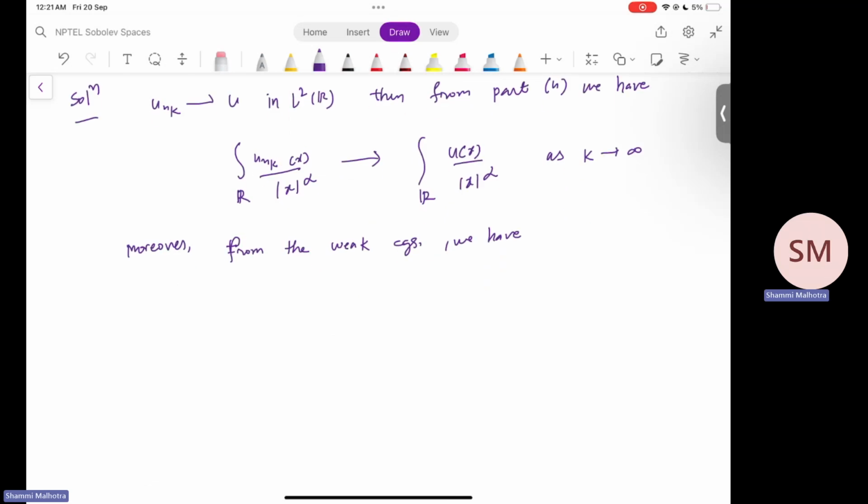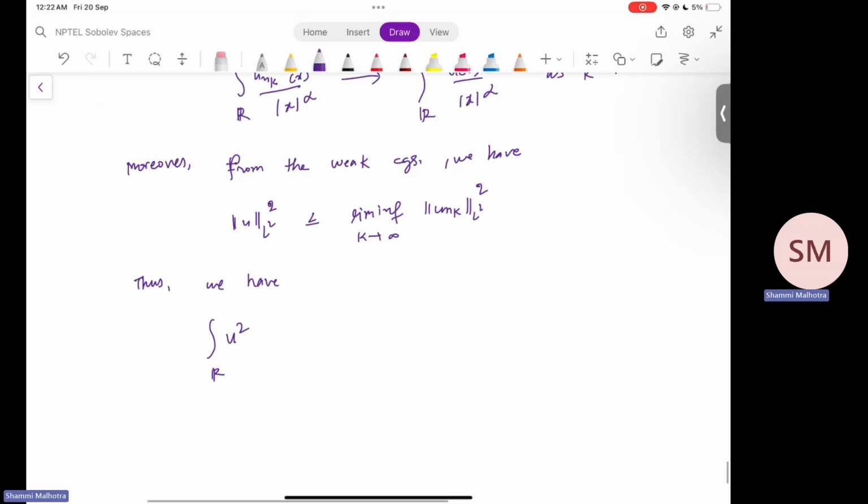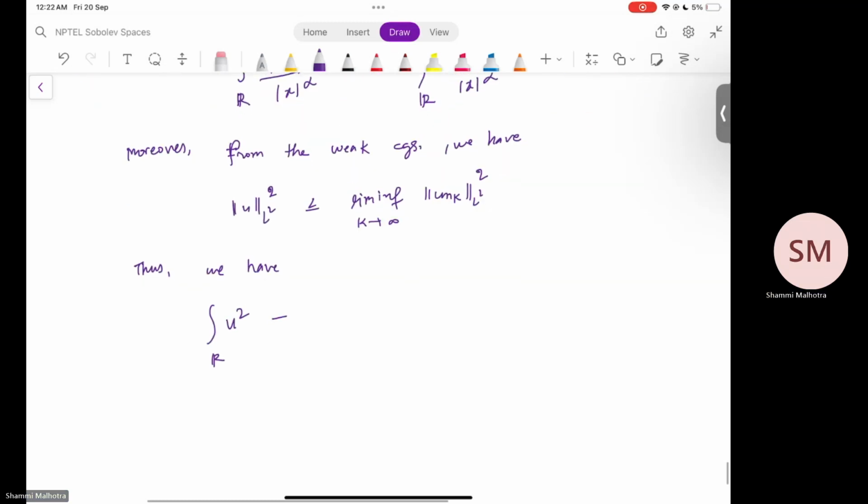So this is that the L2 norm of u has to be less than or equal to the limit of the L2 norm of unk, and thus we have the integration of u squared over all of R minus the integral of u(x) divided by mod x raised to the power alpha.